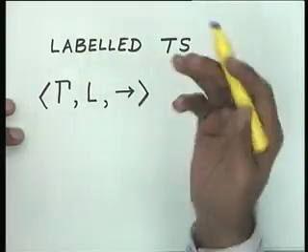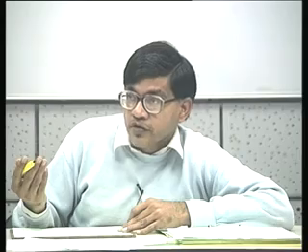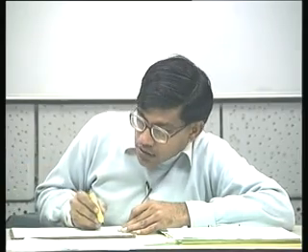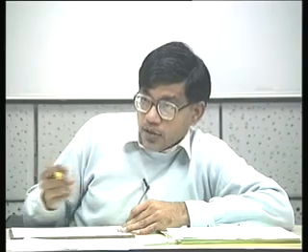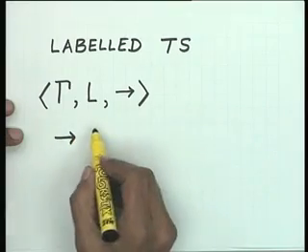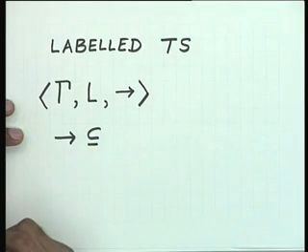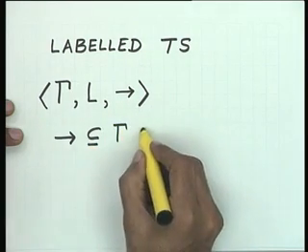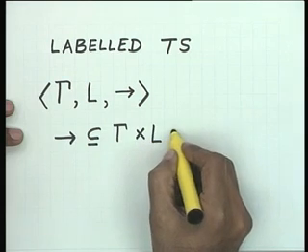The set of labels need not necessarily be disjoint from the set of configurations, but corresponding to the notion of a labeled directed graph, the transition relation is a ternary relation of this form.